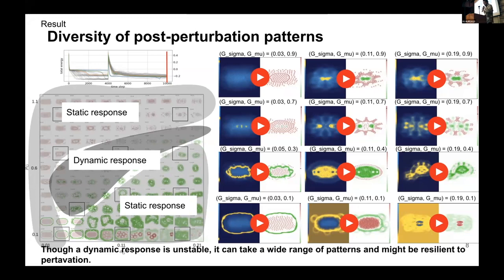The dynamic response is basically unstable, but the response can take a wide range of patterns. So we guess the dynamic response is robust to the perturbation, and we try to characterize this dynamic response.